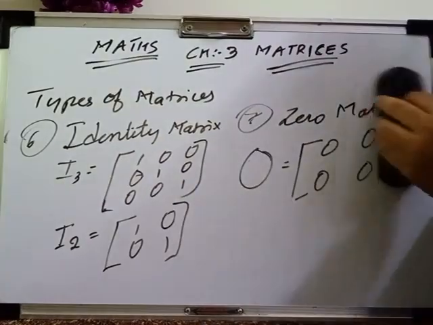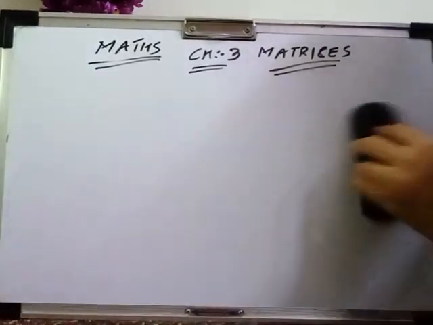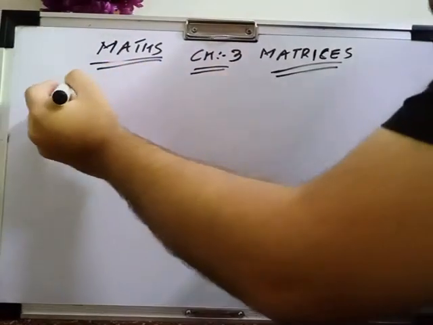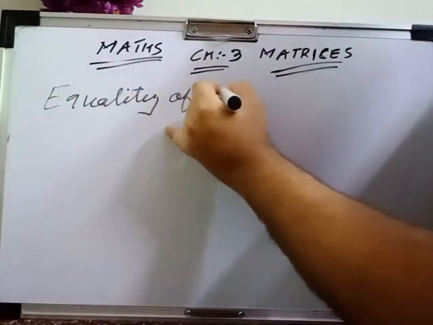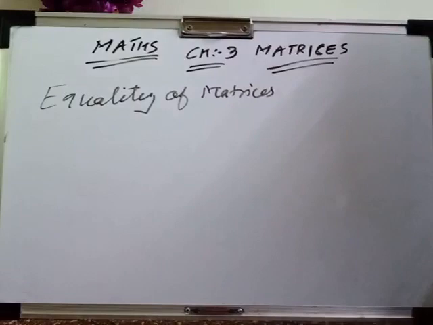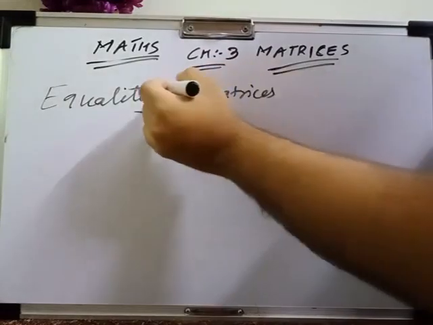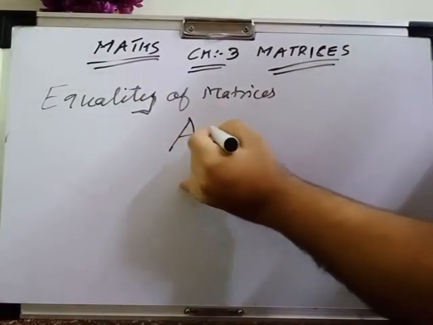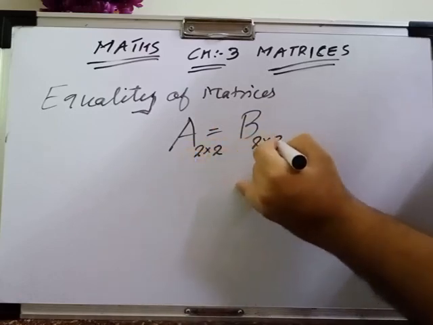Now let's try to understand equality of matrix. Here in equality of matrix we will discuss the comparison of two matrices, but always remember that equality will only exist if the order of two matrices is the same.